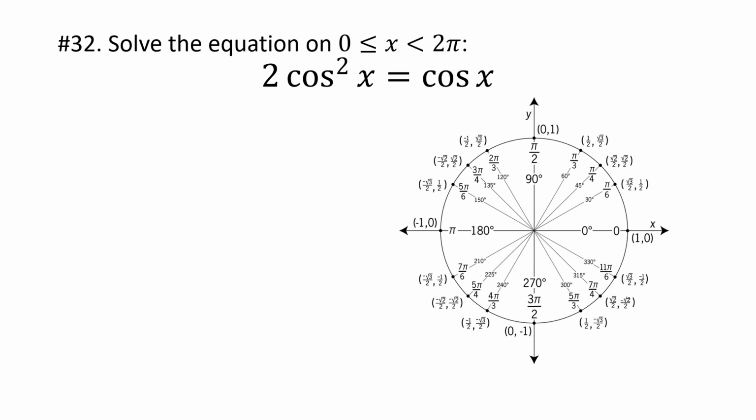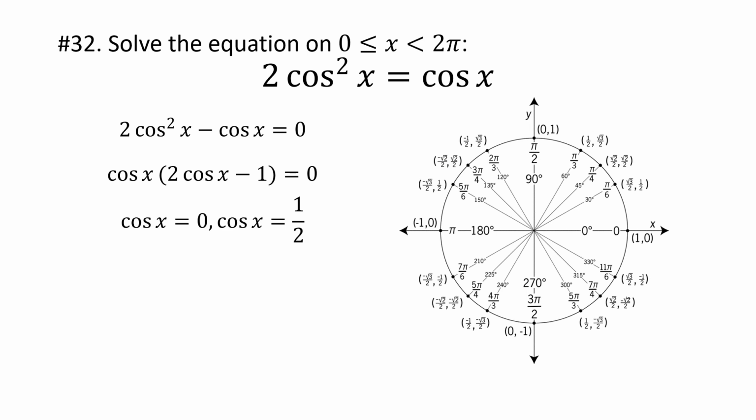To solve the equation, first we're going to move everything to one side. We're going to subtract cosine x. There are two terms, and both terms have cosine x. Take out cosine x. It becomes cosine x multiplied by cosine x minus 1. So we know cosine x equals 0 or cosine x equals 1 over 2.